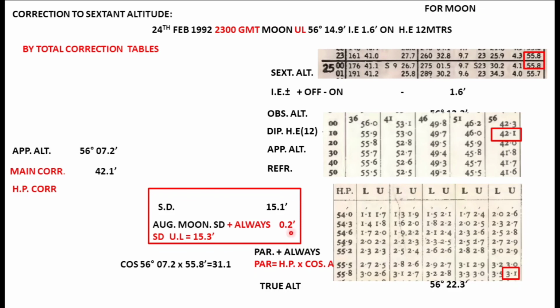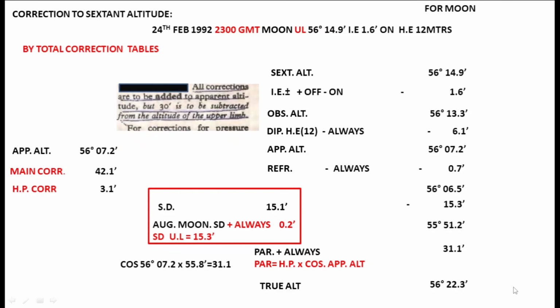Then the HP correction. On the date of the 25th, my HP was 55.8. In the same column where I saw my main correction, I go down here to upper limb, where my HP is 55.8. Wherever they meet, upper limb is 3.1, so the HP correction is 3.1.